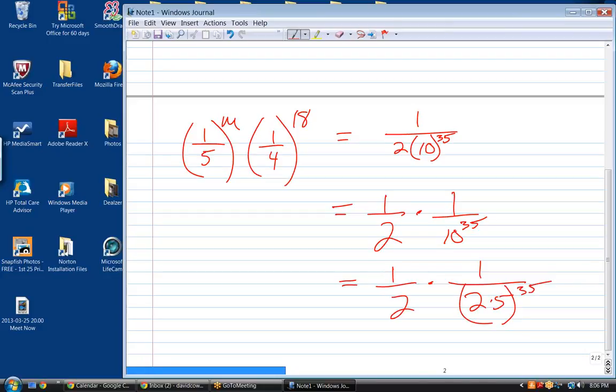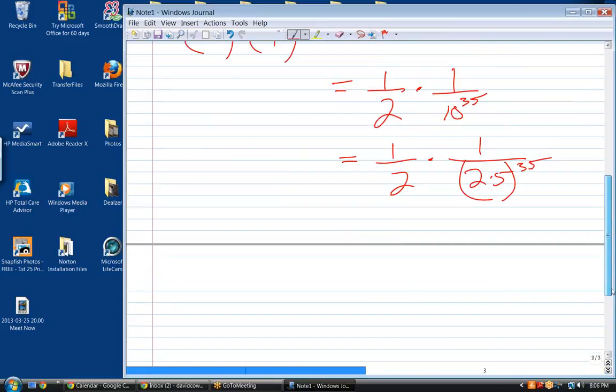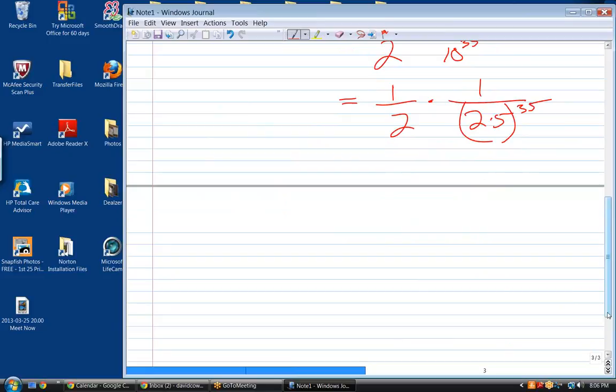Again, with the parentheses. And then this is the same as 1/2 times 1 over 2 to the 35 times 1 over 5 to the 35. Do you see how we get that? Yeah. Okay. Now, what can I do with this?